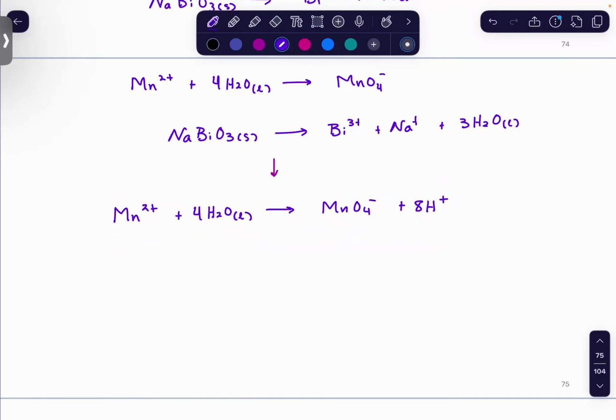All right, now the bismuth equation, you notice that I have 3 waters, which is going to mean I need 6 protons on the left.